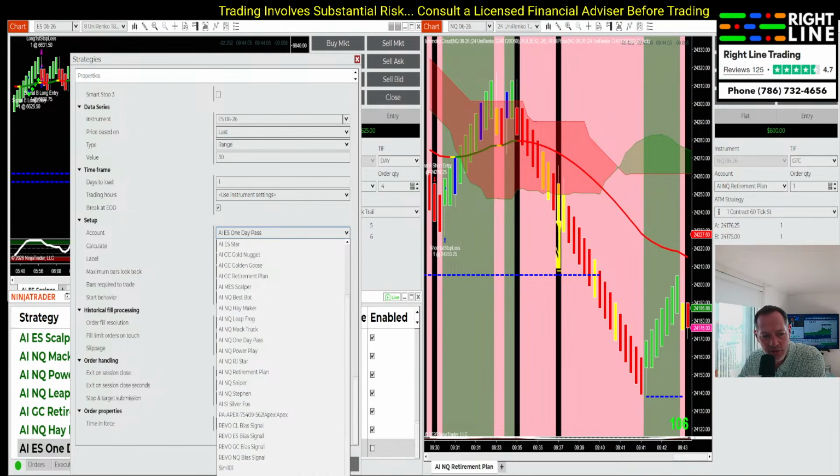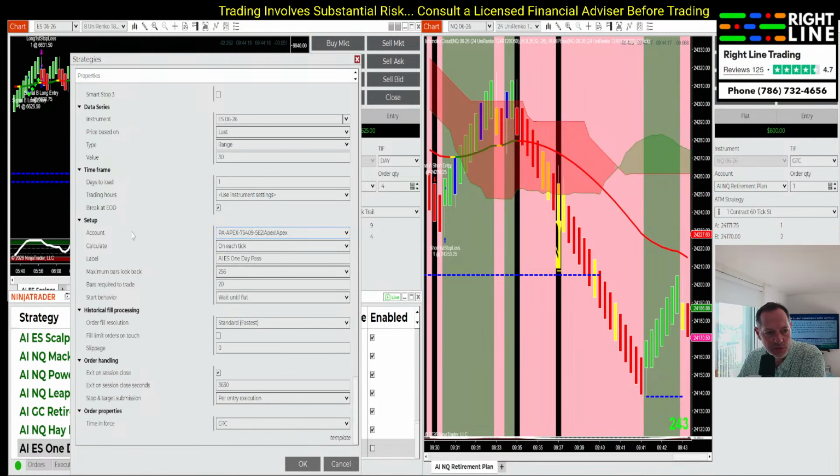So these are Take Profit Trader. I've got 2 different connections right now, 2 different prop firms hooked up. I have the Take Profit Trader and then these Apex. So, it's kind of obvious, but now I just put it there and hit OK.